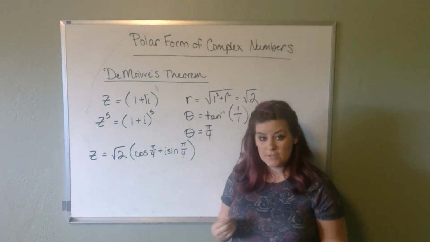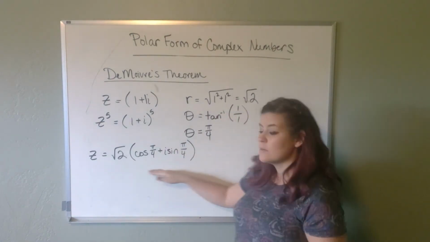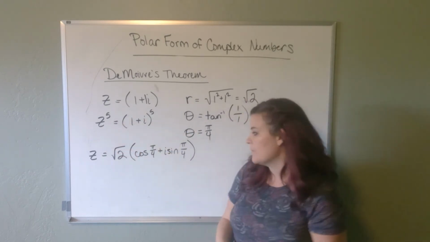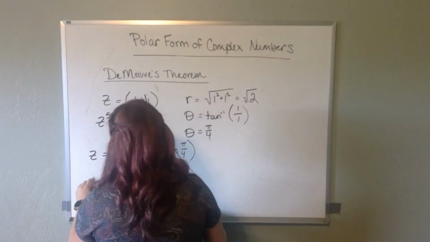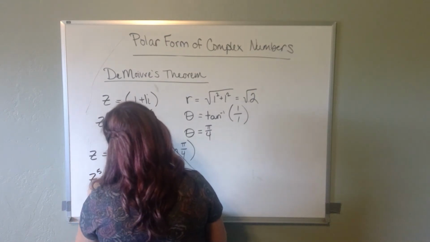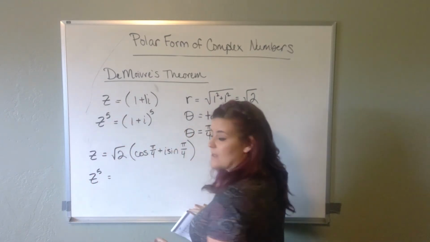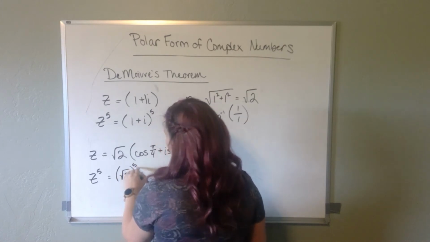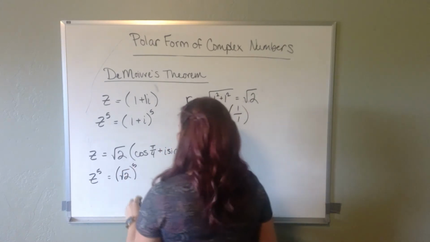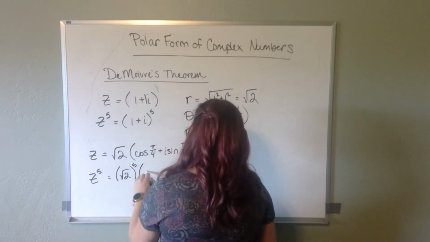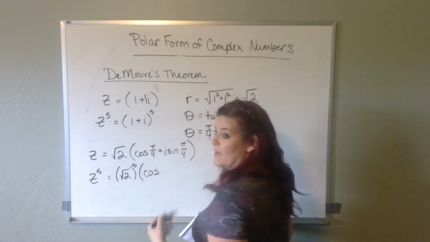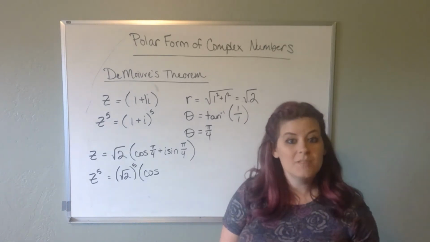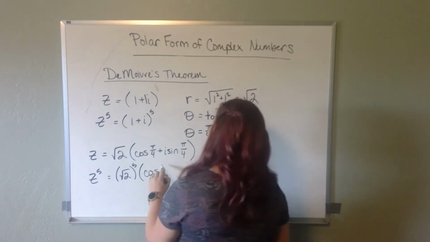Now, that's not answering the question, remember, we're just getting it into polar form, so it's easy to take it to the 5th power. So, let's take it to the 5th power. De Moivre's theorem says that you take r to that 5th power, which we'll do in a second, and then the theta gets multiplied by 5. So you guys, what's pi over 4 times 5? Well, it's 5 pi over 4.